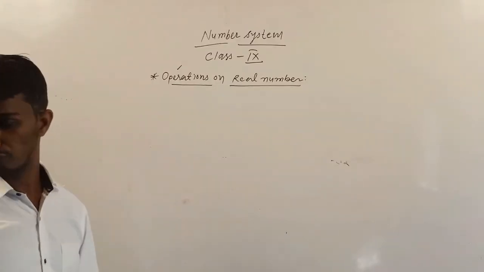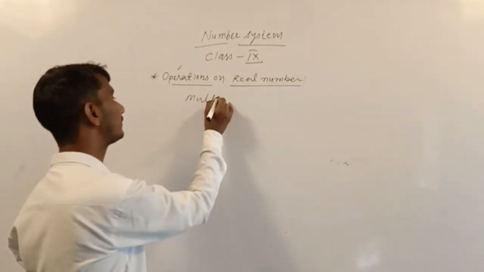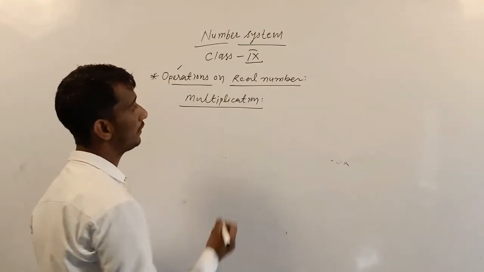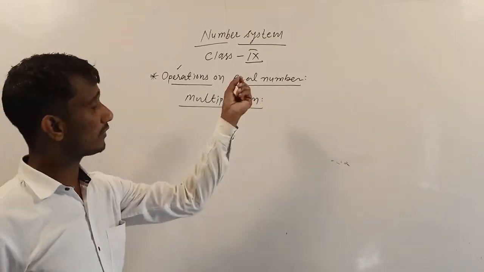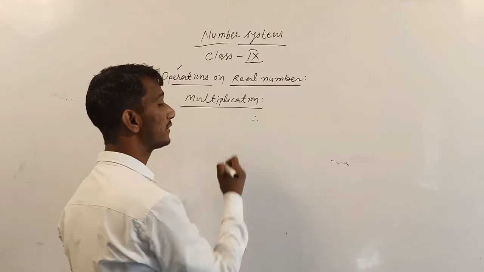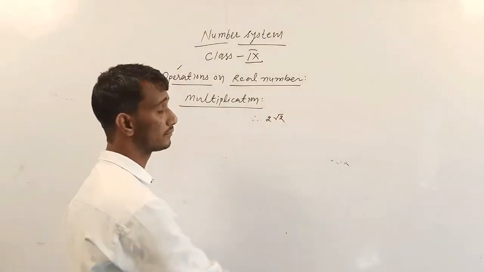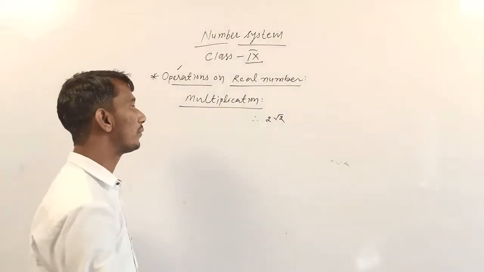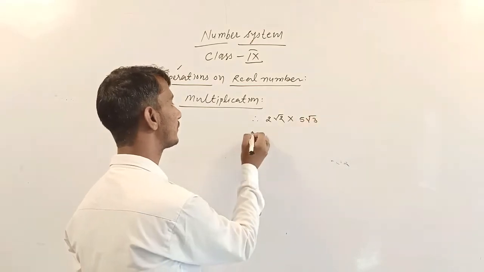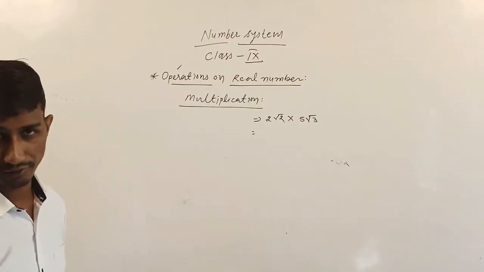How to solve multiplication of real numbers, or you can say the product of rational and irrational numbers? In both ways you can write. Suppose 2 root 2 multiplied by 5 root 3. What is the product?